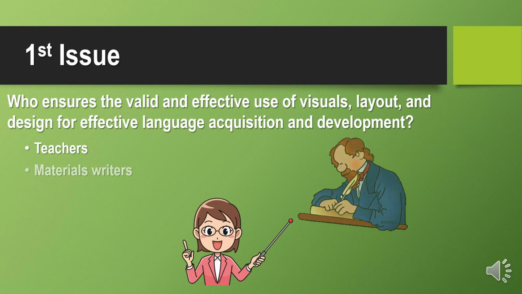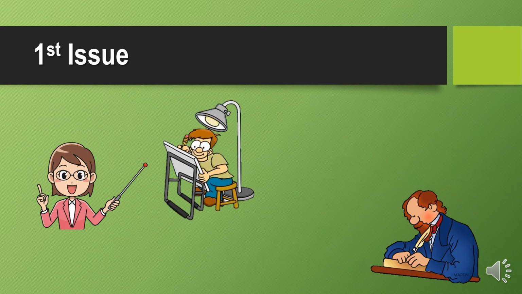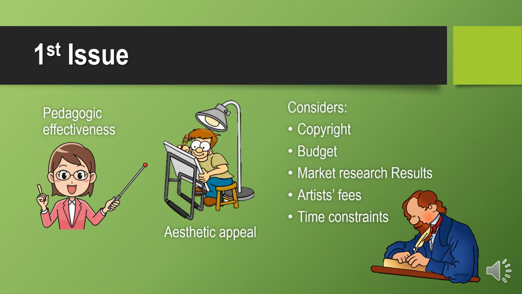Teachers, materials writers, and designers may have different concerns and targets. Teachers would look for pedagogic effectiveness. Designers would aim for aesthetic appeal. In addition, materials writers and publishers may have to consider additional non-educational reasons such as copyright, budget, market research results, artists' fees, and time constraints at every production stage.